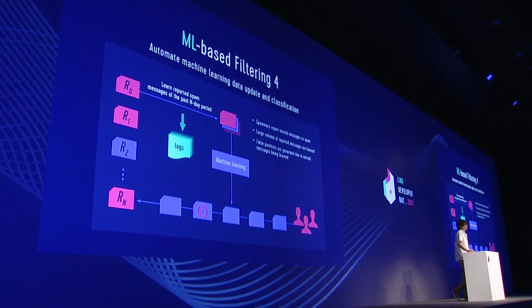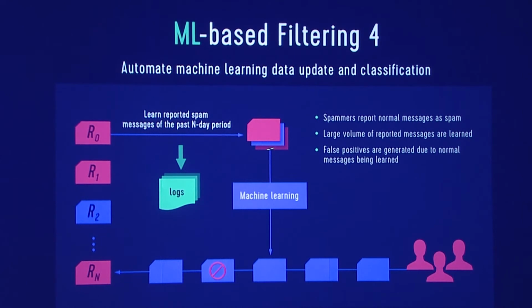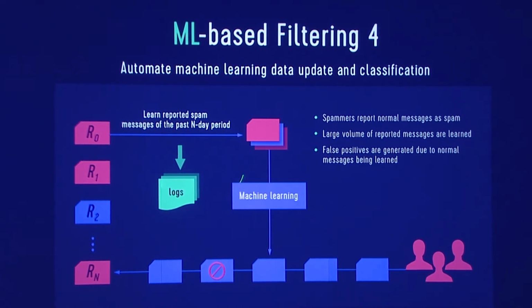One of the weaknesses of machine learning-based filters is that spammers will try to pollute such a system. For example, a spammer has a large number of accounts, so the spammers will actually learn how to avoid these blocks. By sending a lot of legitimate messages as spam messages, this will create more false positives.